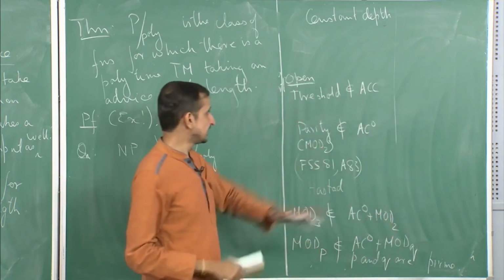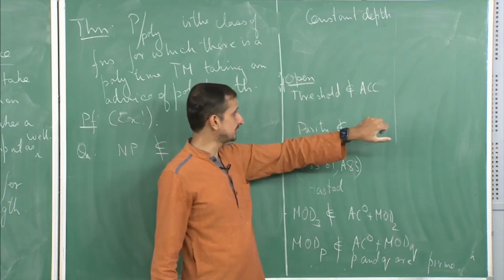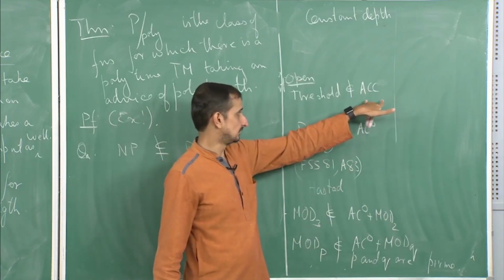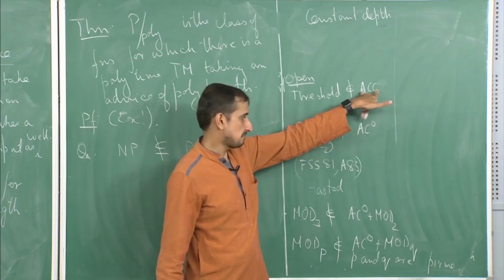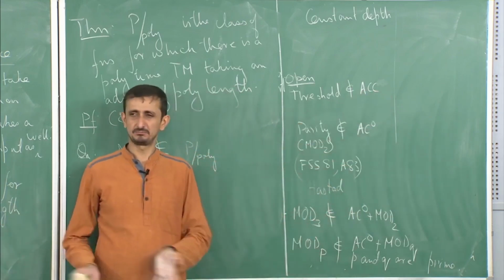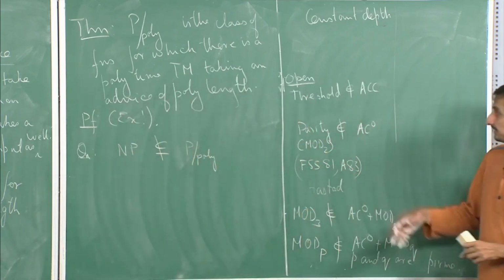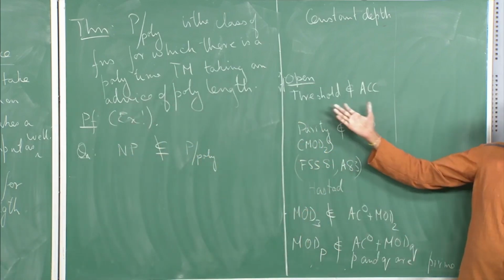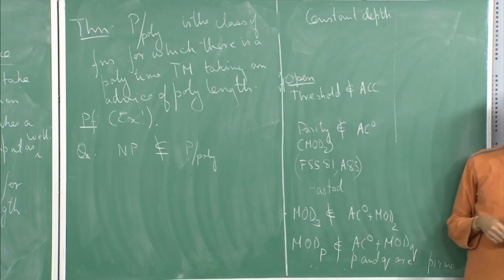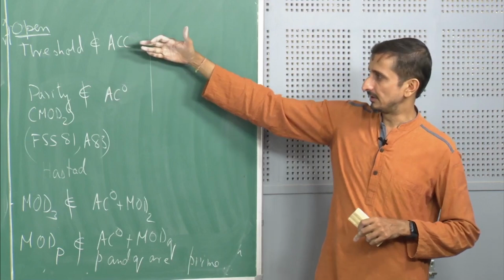So, what is ACC? ACC is the class of all functions for which you have AND, OR, NOT and any mod gates. You can take any mod gates that you want, and it is even hard to compute threshold functions with this. So, this proved very difficult.